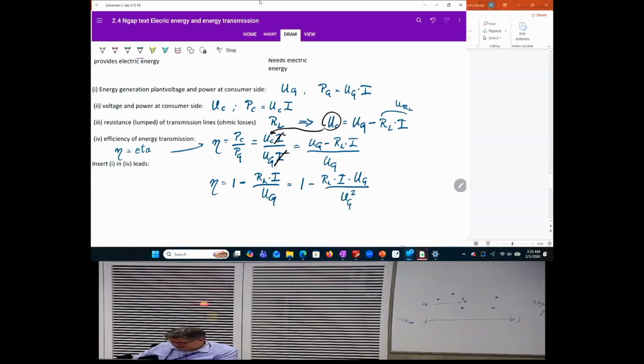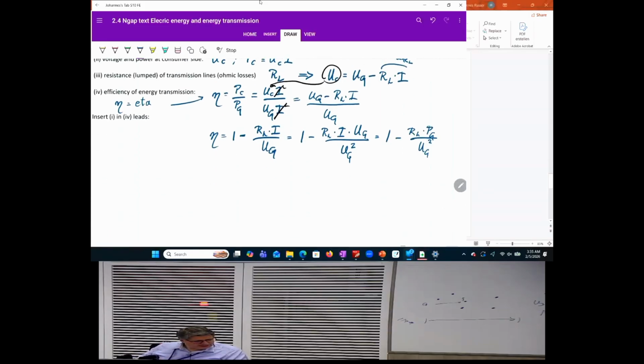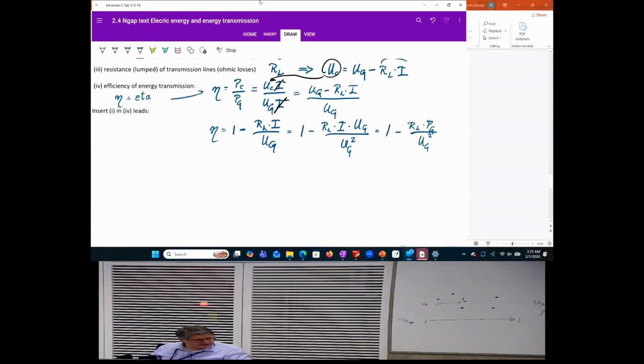And then if we do that, you see that we have UG times I. We have the power again of the generator. We can rewrite that as 1 minus RL times the power of the generator over UG squared. It is a different way of writing it, and that also has some advantage.